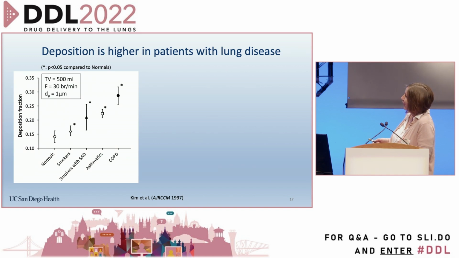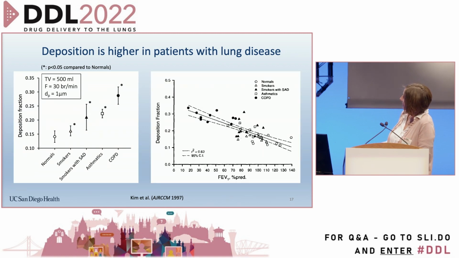They show that in all these groups, when you compare to normal subjects, deposition in the lung increases.